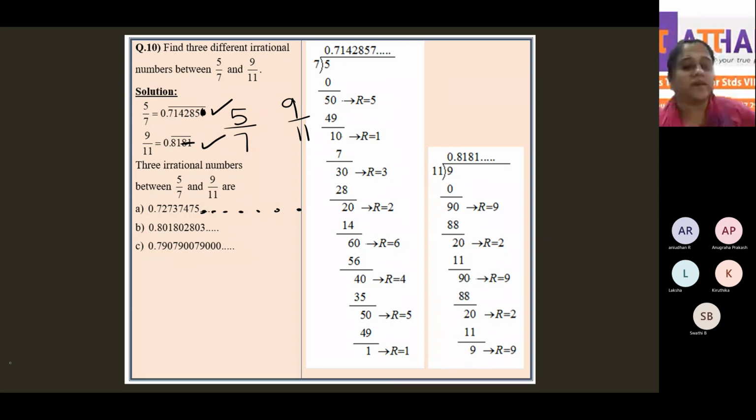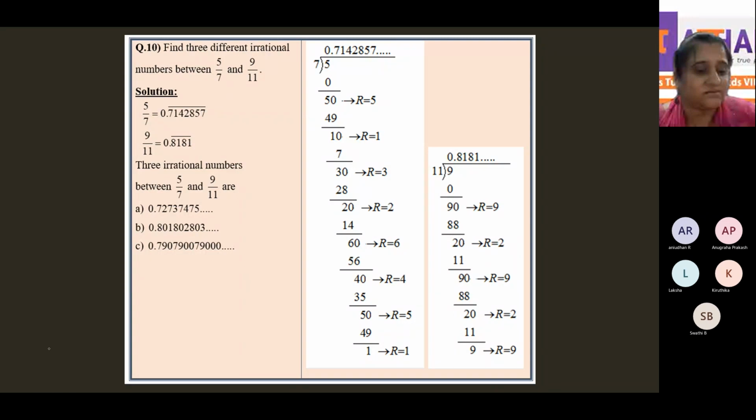Now if we have to insert rational numbers only between these two, like between 0.71 and 0.81, right? If you want to insert rational numbers, the method is different, but I'm saying with the division how to do it.